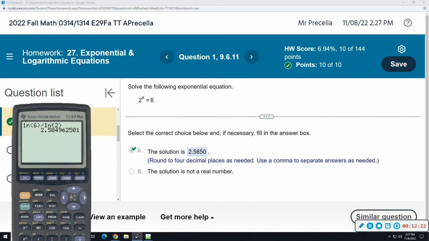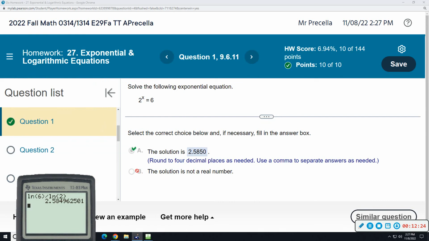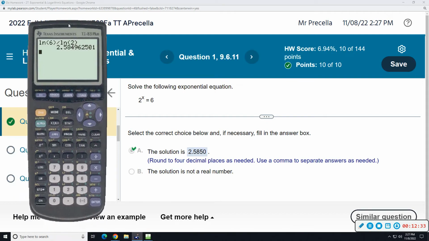Now, I think these usually give you the option of there not being a solution. That would happen if when you punch the stuff into your calculator, you had gotten an error. Like if I had ln of a negative number, if I punch that in, it gives you an error, not a real solution.